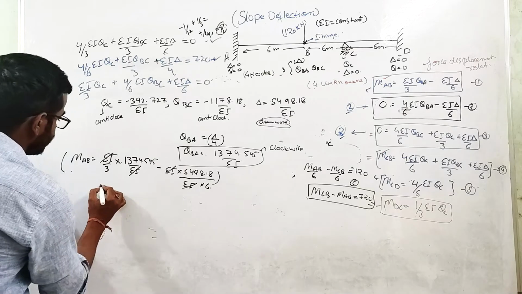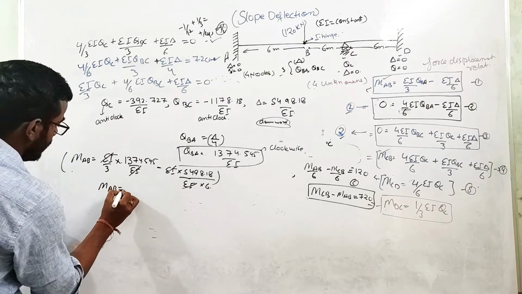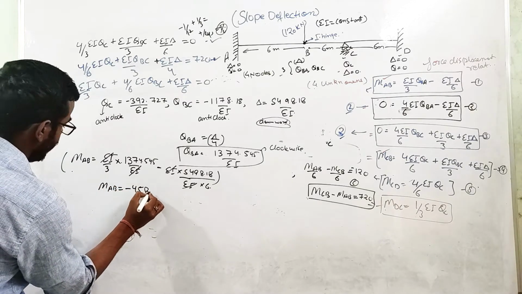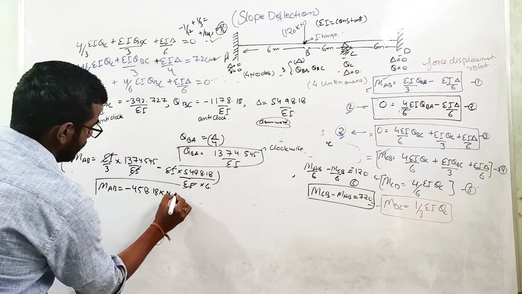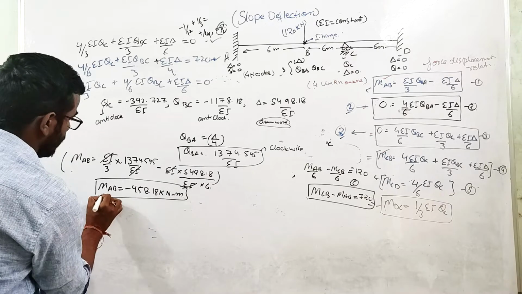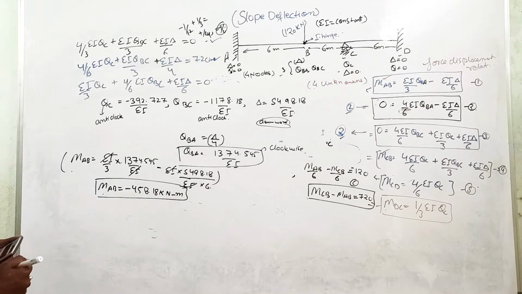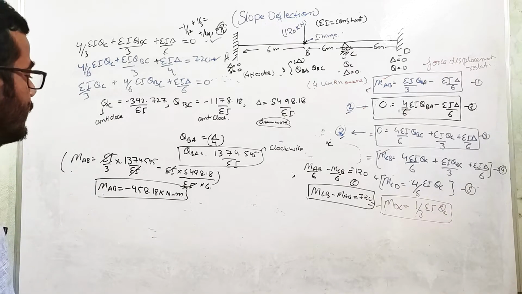So the MAB value is minus 458.18 kilonewton meter. Okay, this is the value of MAB we are getting.